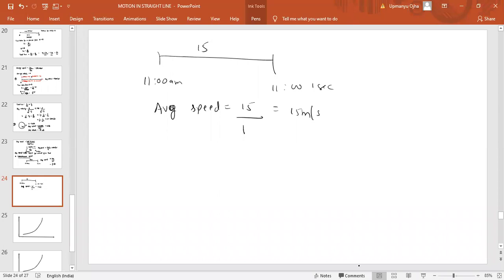Now I can only say that in 1 second, from 11 a.m. to 11 a.m. 1 second, the speed would have been 15 meter per second.